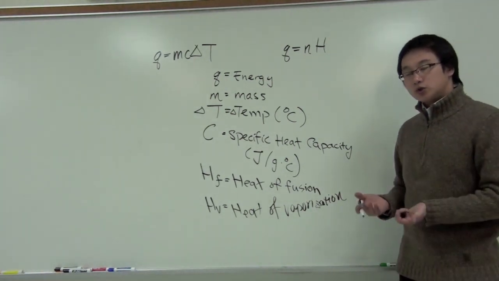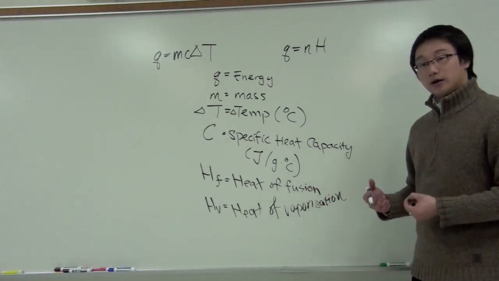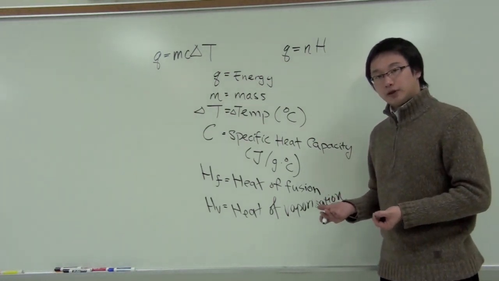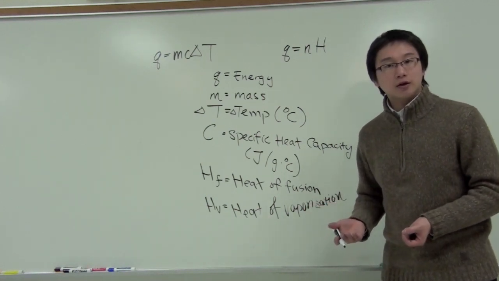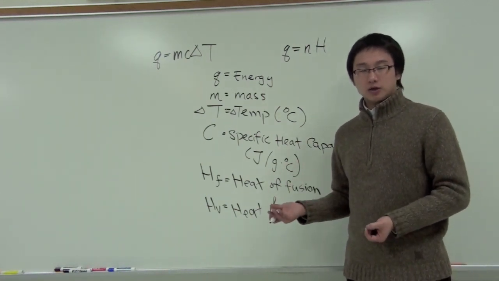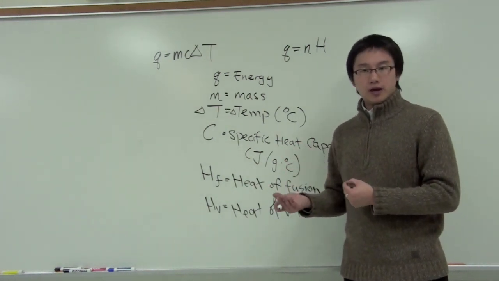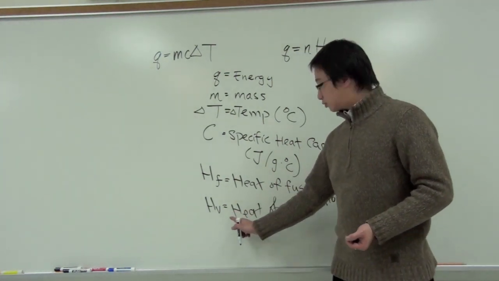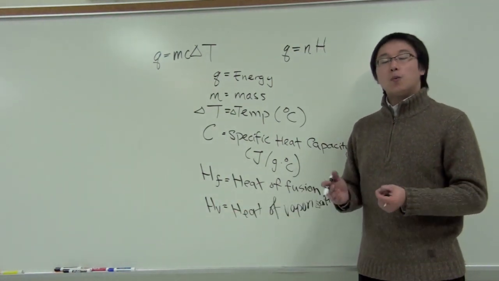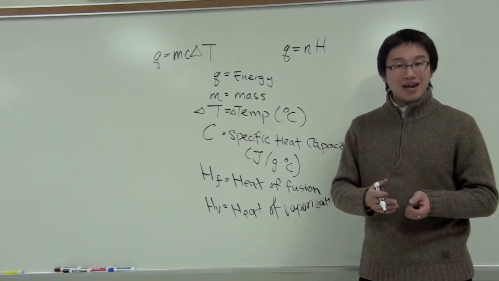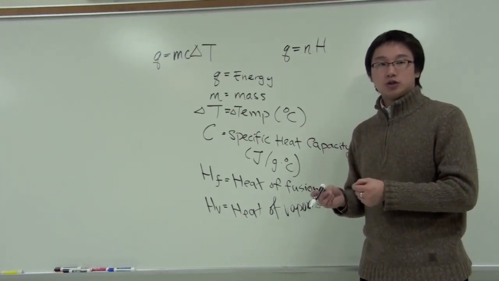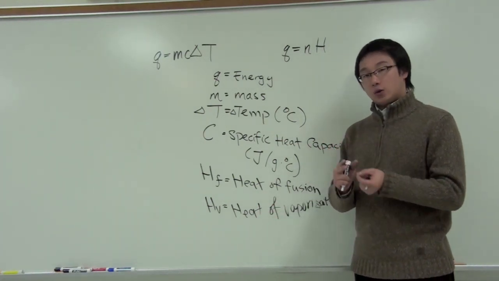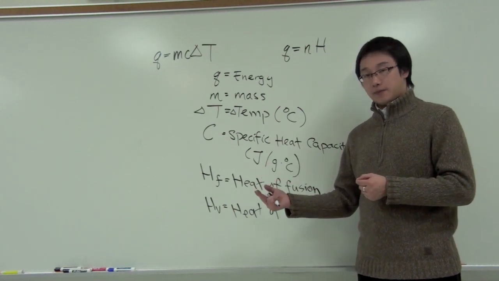So, how do we know which one to use? Well, you can just look at the word and literally take the meaning. Now, fusion may be somewhat difficult to capture the meaning, but vaporization is very easy to understand. Vaporization means you're changing to gas. So, think about what would be changed to gas. A liquid. So, H_v, the heat of vaporization, will be used to describe the amount of energy required to change liquid to vapor.